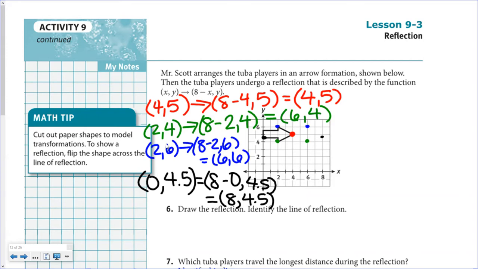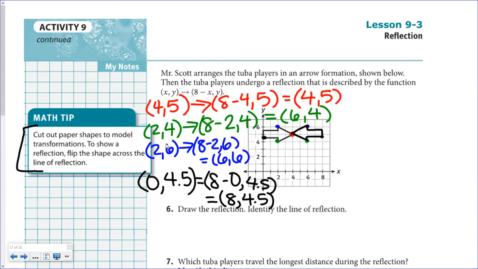And so hopefully you're kind of seeing what your arrow looks like. If not, pause the video and pick some other points and graph them. But here is your arrow. And so now if you want to check that that does match up, you could draw it on your patty paper and then flip it over and make sure that it looks right. Or you could cut out a paper arrow and then make sure that it looks like it should.